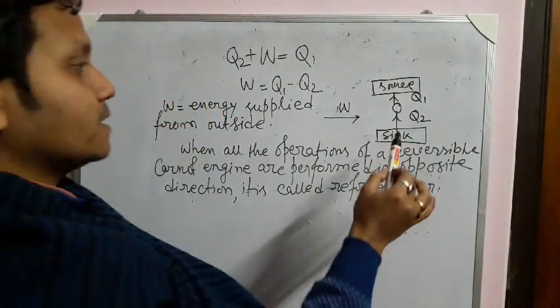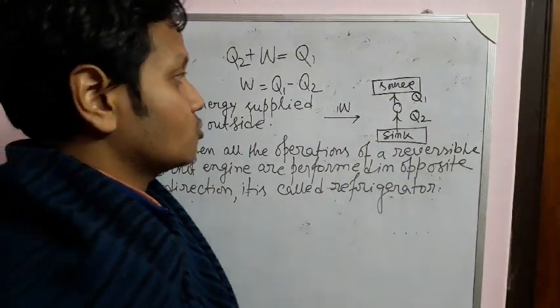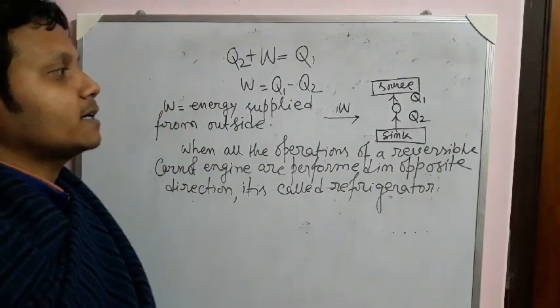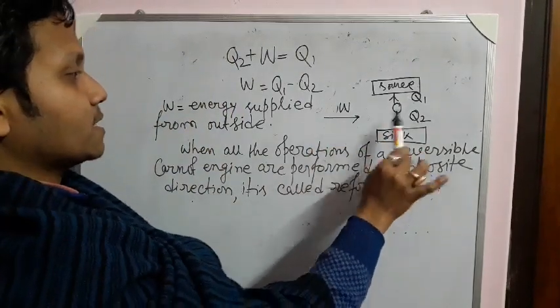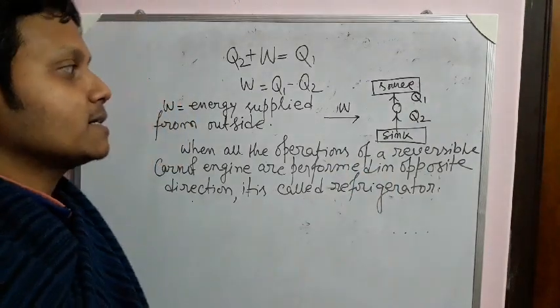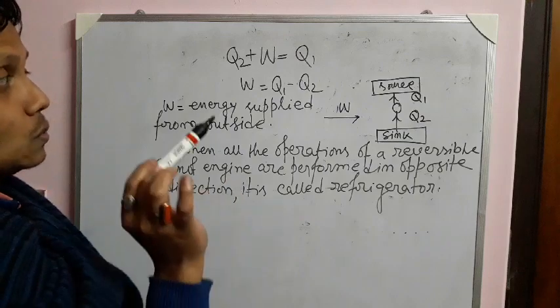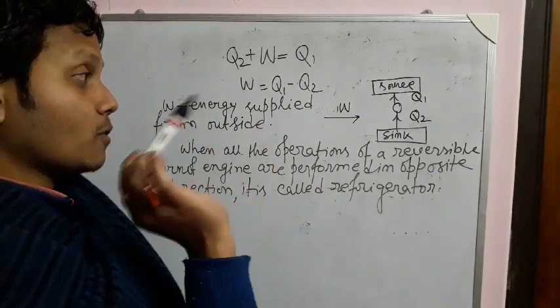So we see a refrigerator absorbs heat from a body of sink and gives it to source. It is not possible unless we supply some external energy from outside. If W is the mechanical energy supplied from outside, then W equals Q1 minus Q2. So here W is the energy supplied from outside.